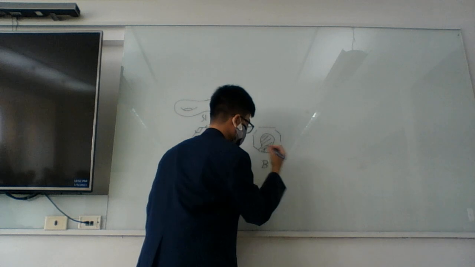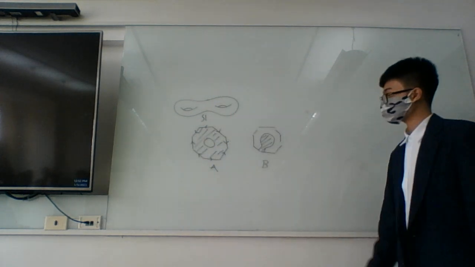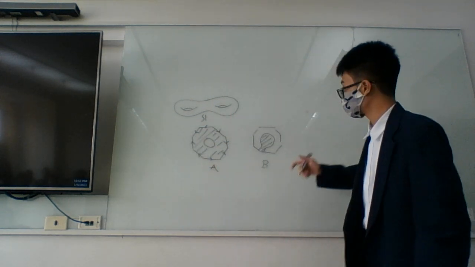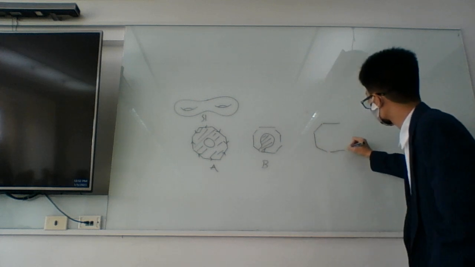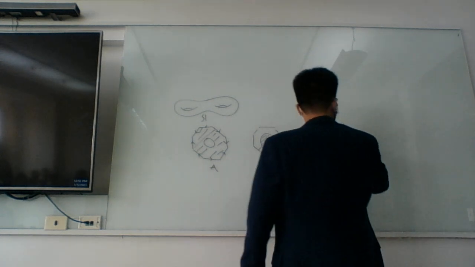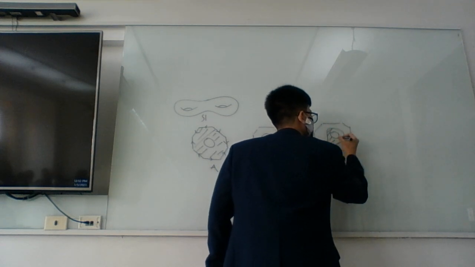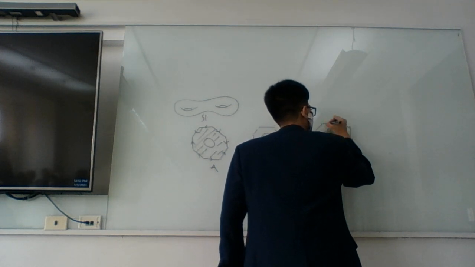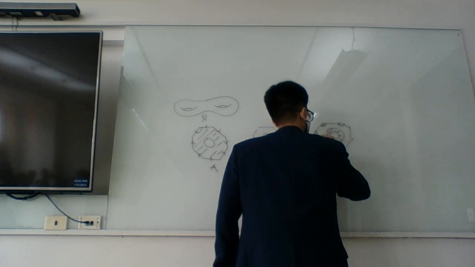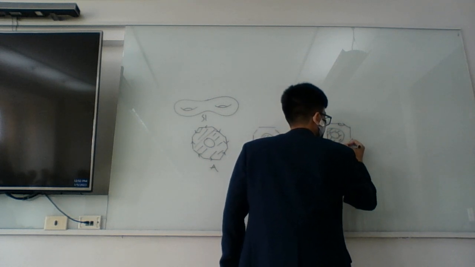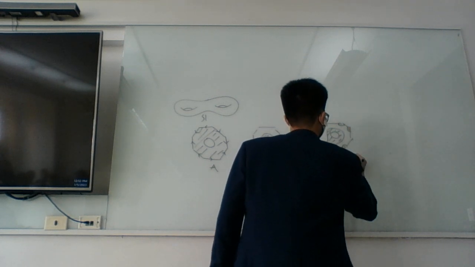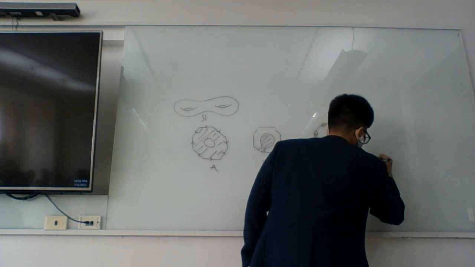This is B, and then C is just the intersection between these two. This, and then this time the corners. C equals A intersection B.